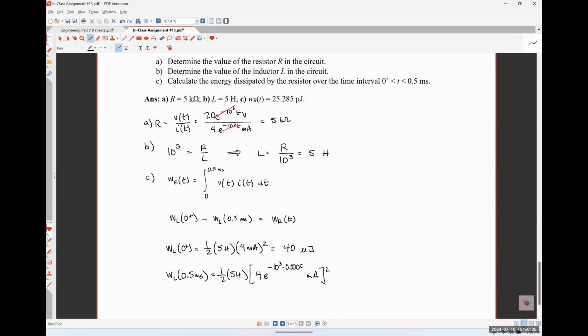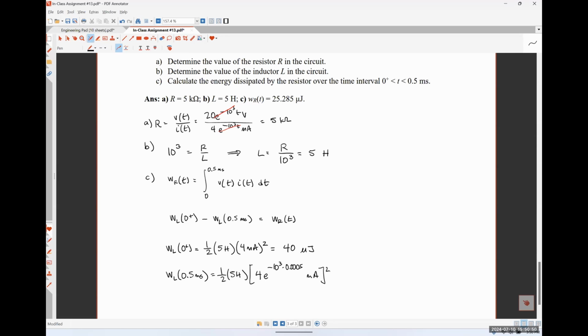So let's see, 1,000 times 0.0005 should be just 0.5, I think. Yeah.